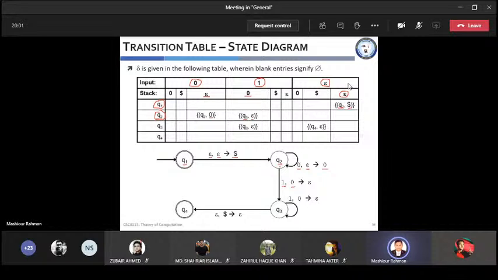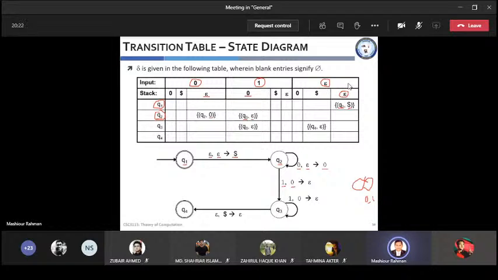Now, to make a PDA deterministic, we must have a dead state, which is not shown over here. Generally, it is not shown.